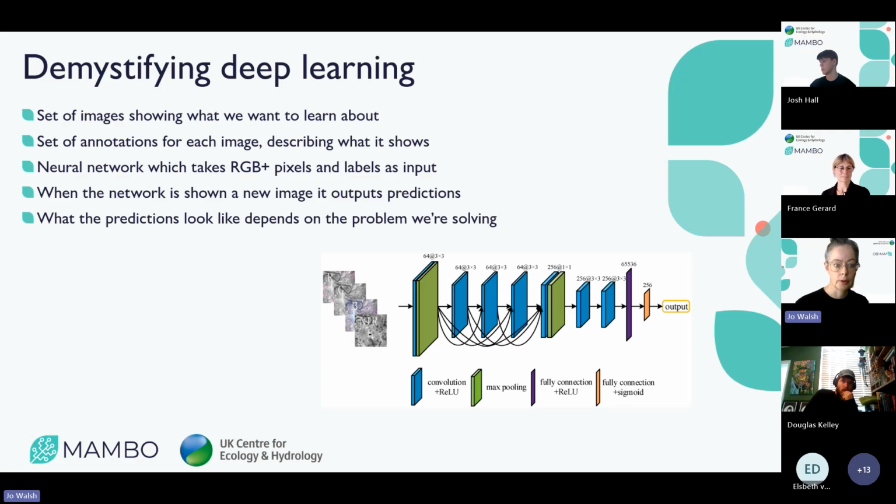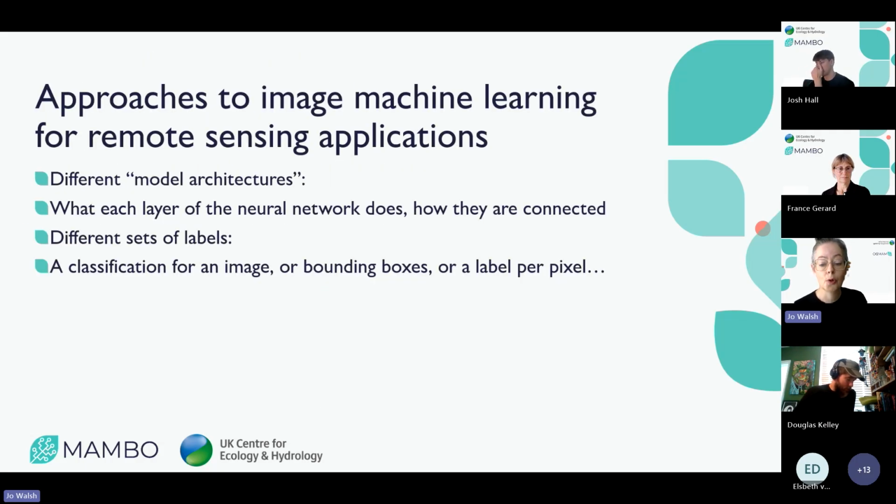Then we train a neural network which takes as inputs pixels, which could be 3-band or multiple bands, and passes them through different layers, which recognize different qualities of things in the image, pick out lines and edges, pick out shapes, and build those inferences up into identifying a whole scene, and predicts what the image contains. What those predictions look like very much depends on the problem we're trying to solve. So there's a whole range of remote sensing, image machine learning tools and techniques.